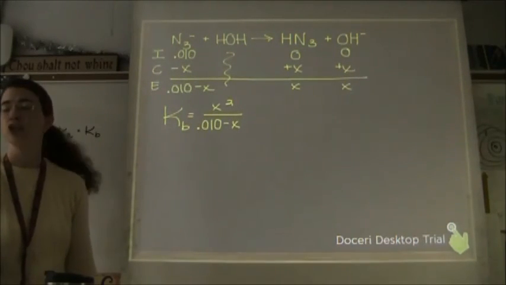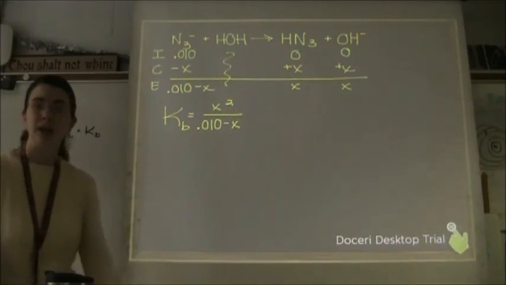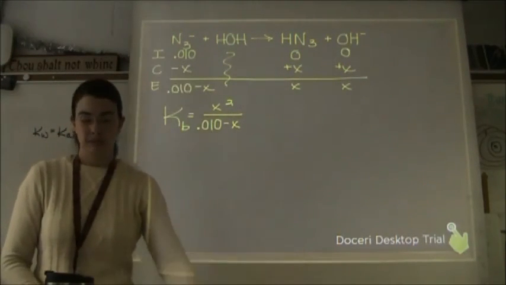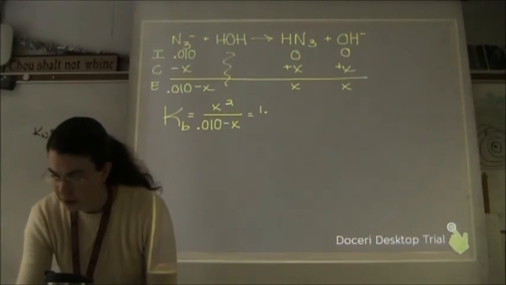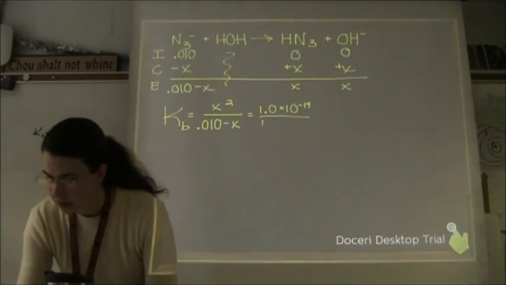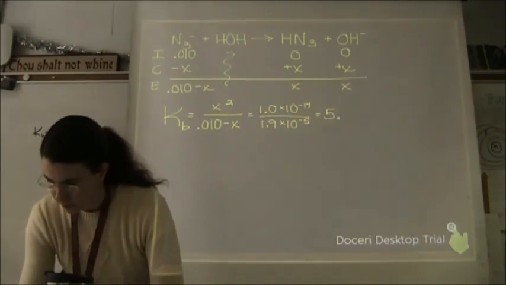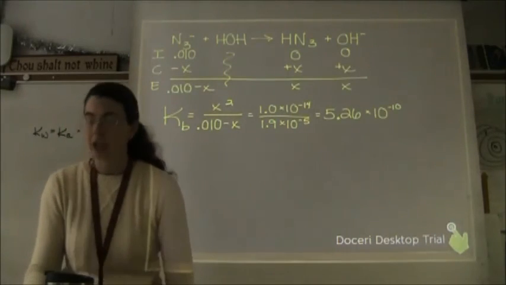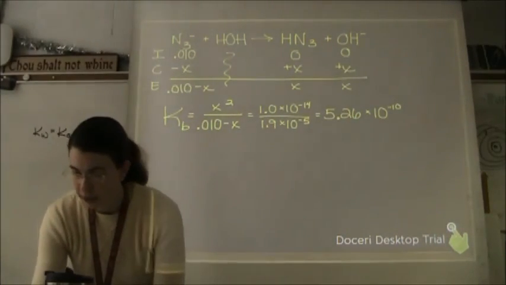No, because I'm a big jerk. I gave you a Ka that you don't need, but you can get it, right? Using that equation. Can you graph now? Yeah, go for it.